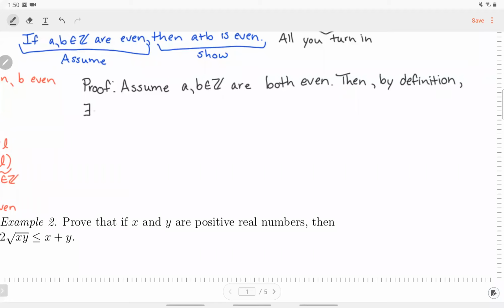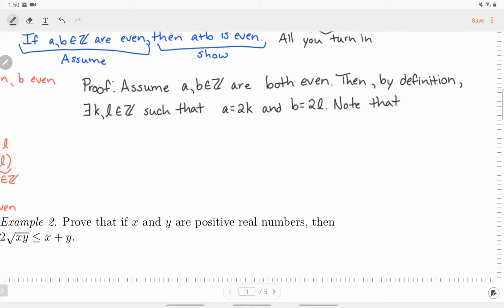There exist K and L in the integers such that A equals 2K and B equals 2L. All right, so I just used the definition. So I like to use the word note that. So we'll say note that.